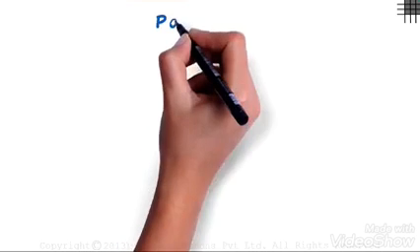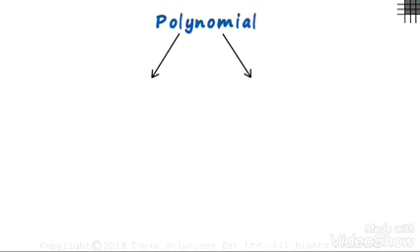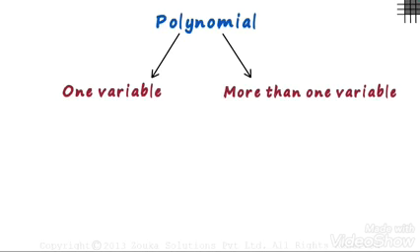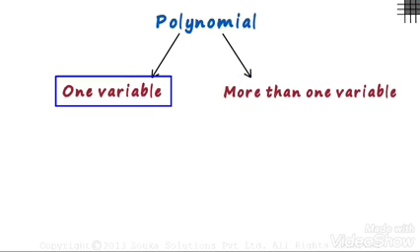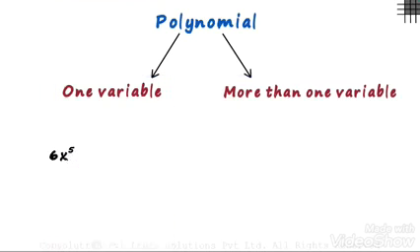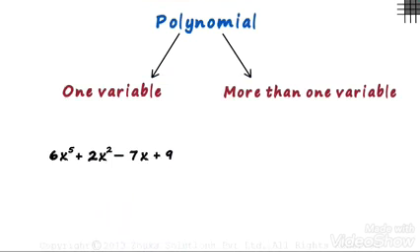Important concept related to polynomials. Think about it. There can actually be just two broad categories of polynomials. The first category, which has just one variable, and the second one, which has more than one variable. That's it. These are the only two possibilities. An example of the first type would be 6x raised to 5 plus 2x squared minus 7x plus 9.